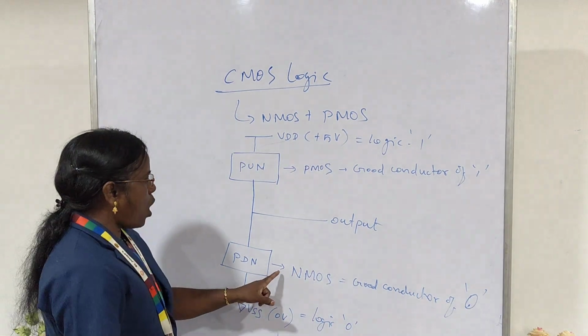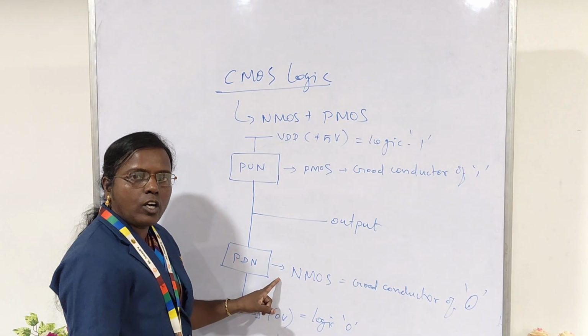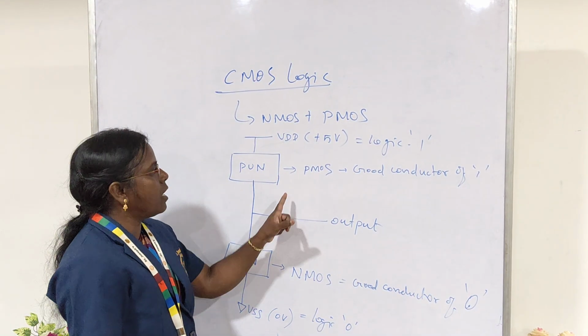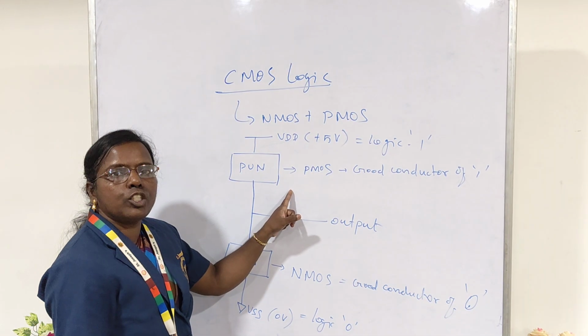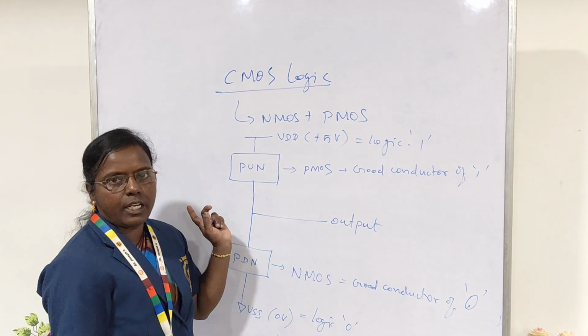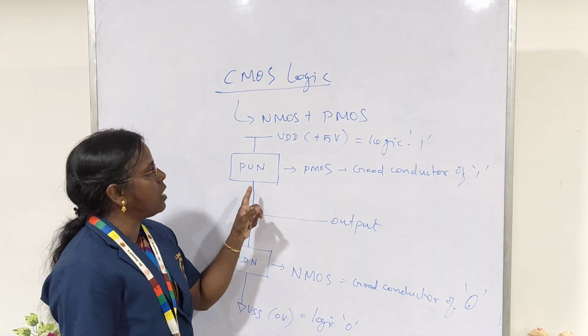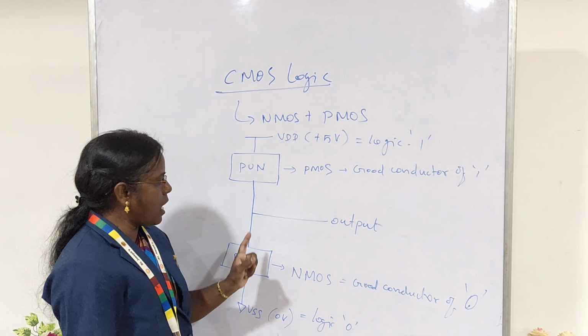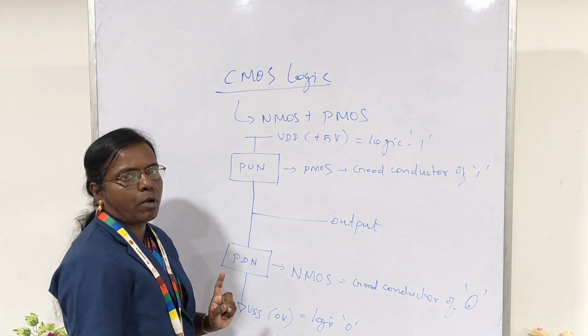So always NMOS transfers logic 0 to the output terminal without any degradation, and PMOS transfers logic 1 from the supply rail VDD to the output terminal without any degradation. That's the reason we have to construct the pull up network using PMOS and the pull down network using NMOS, right?